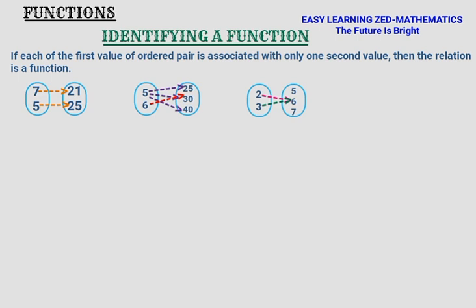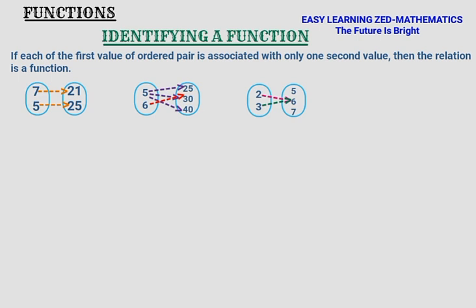So when we go to the definition of a relation which is a function, we are told that the first value of ordered pair is associated with only one second value. This is what is happening in this set. The first value is only associated with one value in the second.